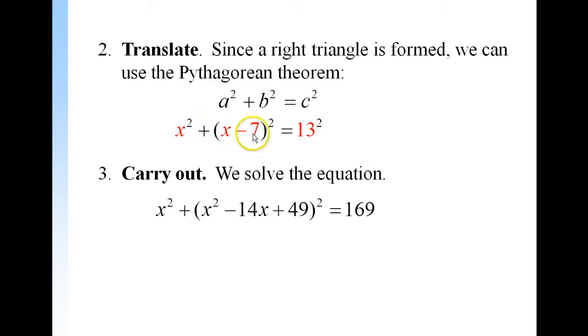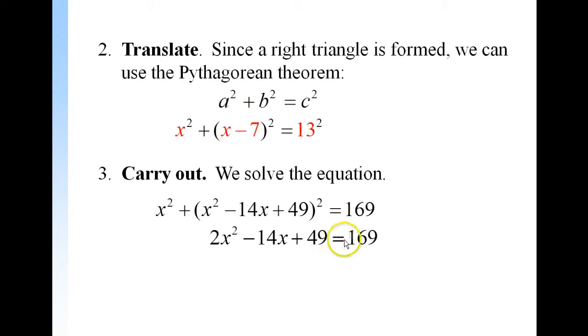And we expanded this binomial and got this. Remember, this is a perfect square trinomial. You see this little 2 here? That's an error. There's no 2 there anymore because we already expanded it. Yes, they didn't put it there.